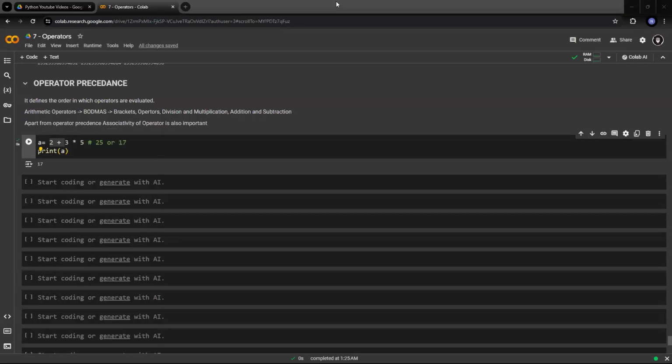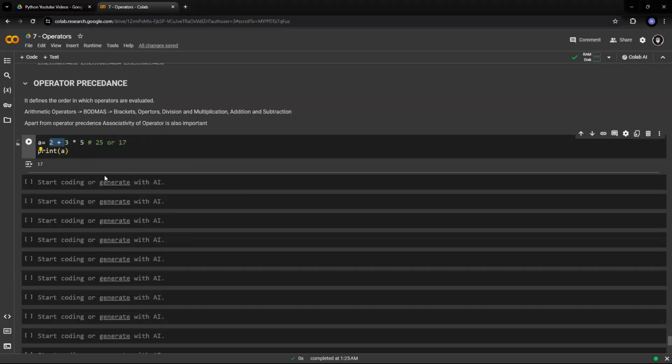So associativity wise, in case I have the example B equals 10 divided by 5 into 4, both multiplication and division are on the same level of precedence.